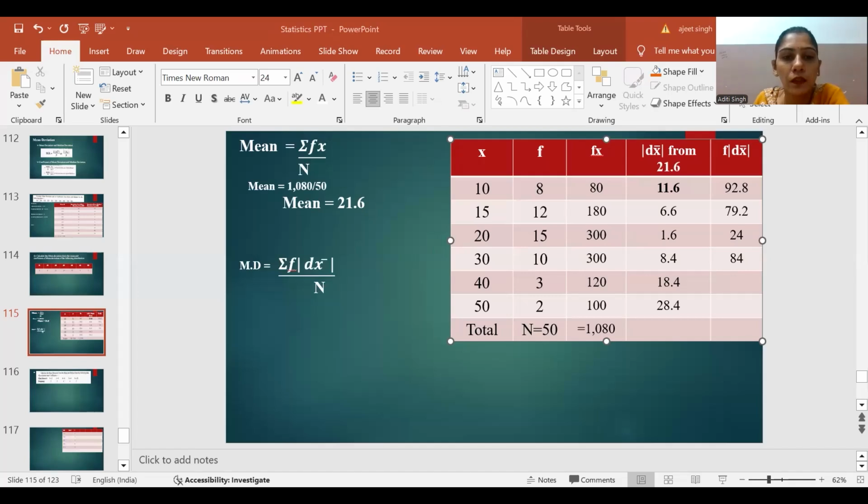Next, 18.4 multiplied by 3, which is 55.2. Okay, and this is 8.6.